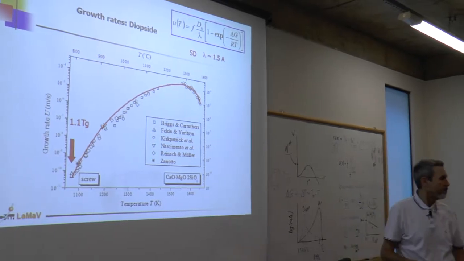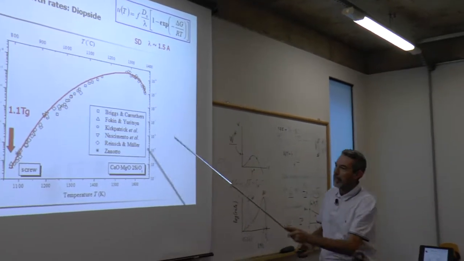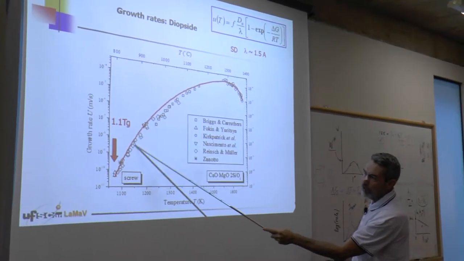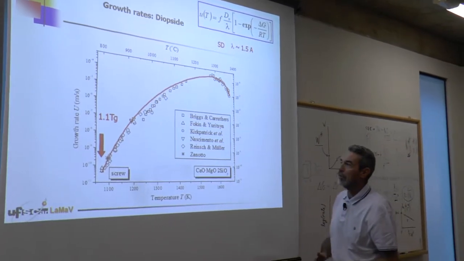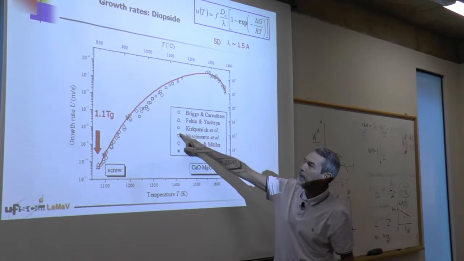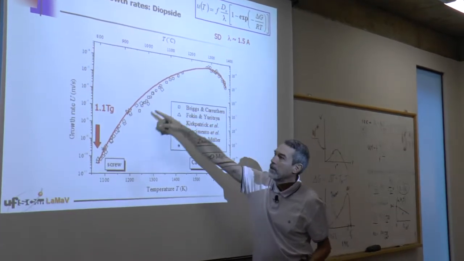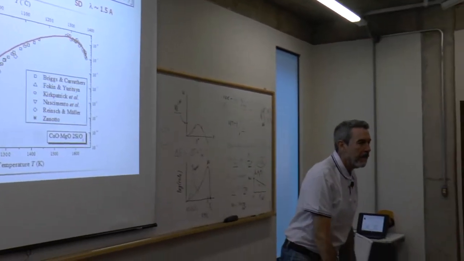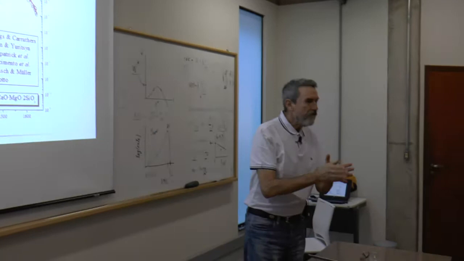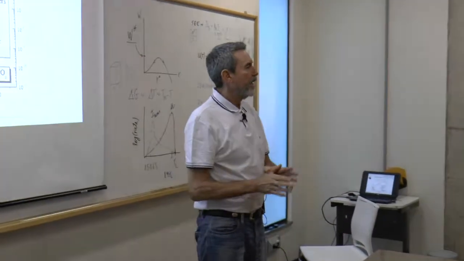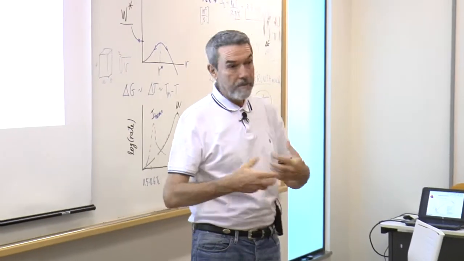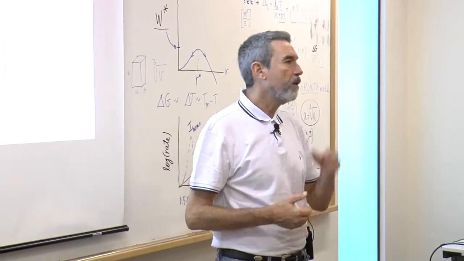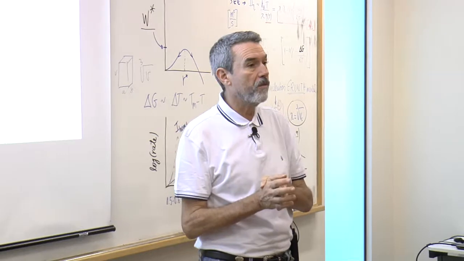1.1 angstroms, a very, very nice value. It came out not perfect. You see, it's not perfect, because different people have measured growth rates, and this is a complication because every glass is different from the other glass. Like I make a glass here, it will have certain impurities, certain departures from stoichiometry.